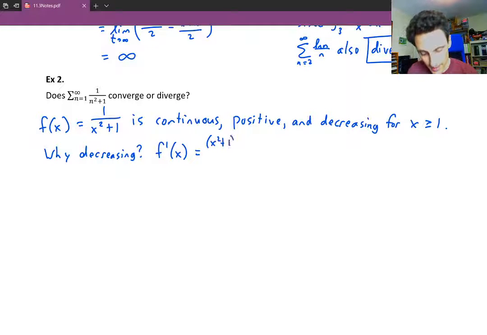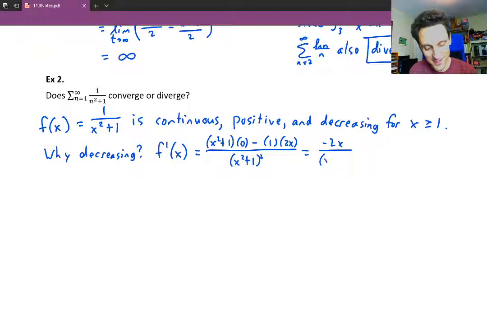Low d high minus high d low over low squared. Brings a smile to my face every single time. Well, now this first derivative is always negative.